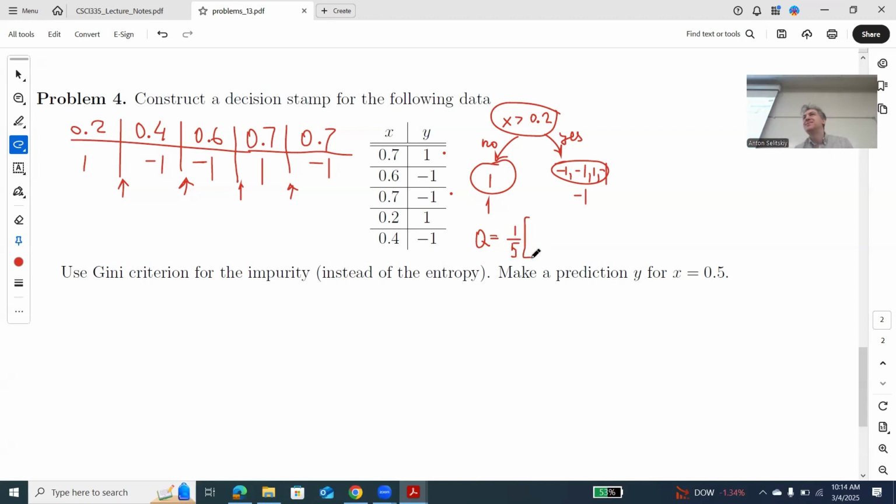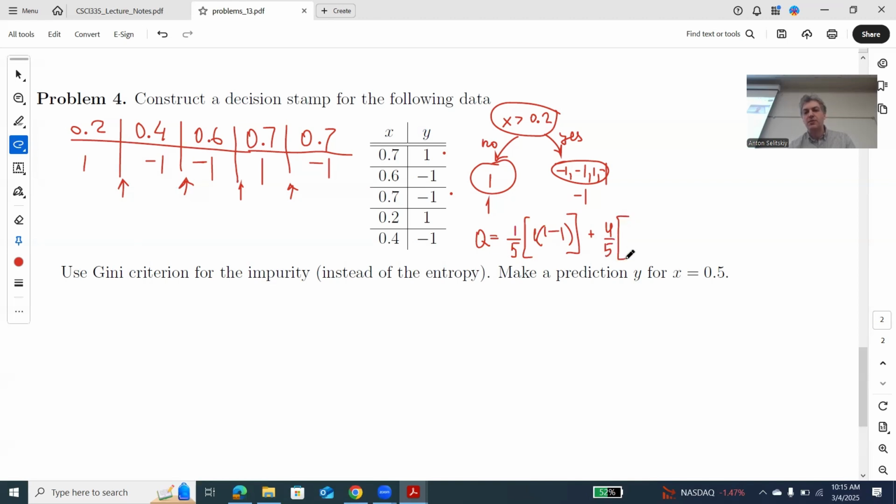And then, instead of entropy, we use the Gini criterion. So here it's easy because the probability is 1, and we multiply by 1 minus 1. You remember the formula is p times 1 minus p. And this is 0. Plus the right node, the number of points is 4. So the proportion will be 4 over 5.